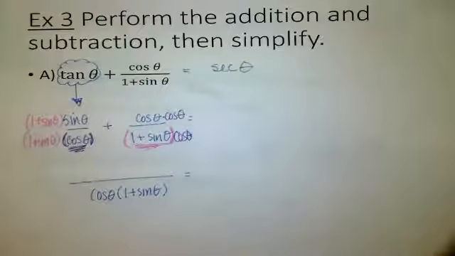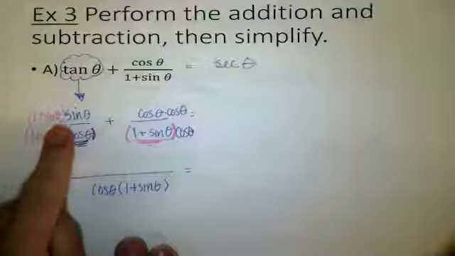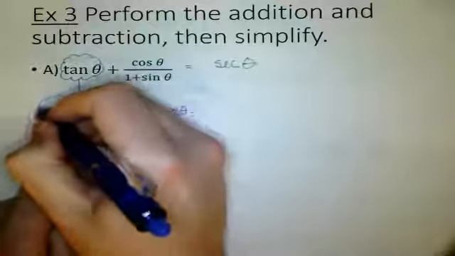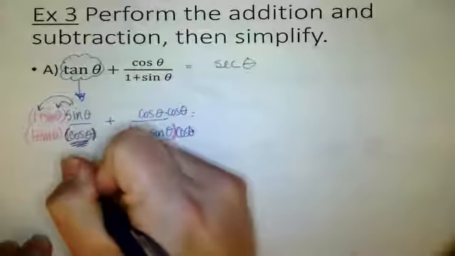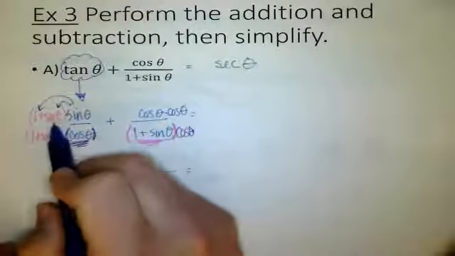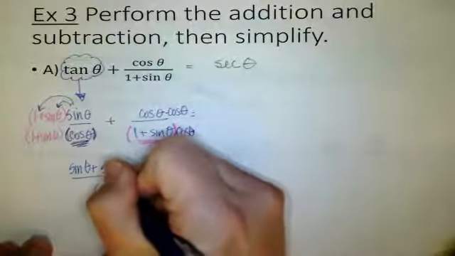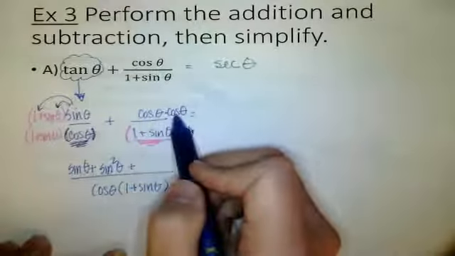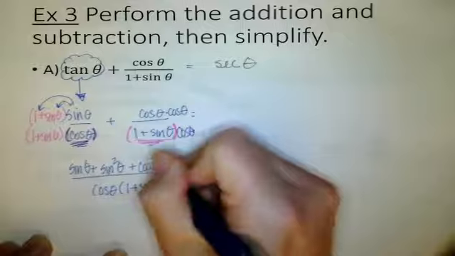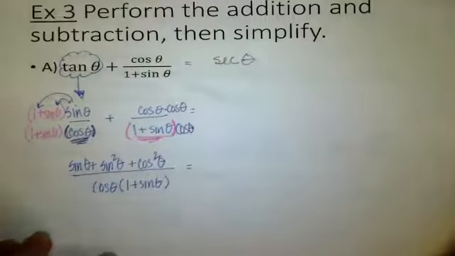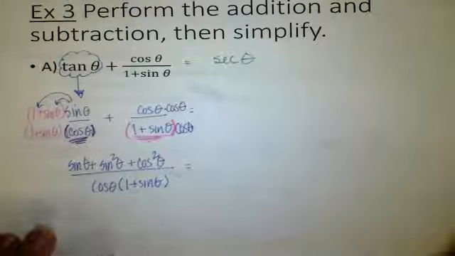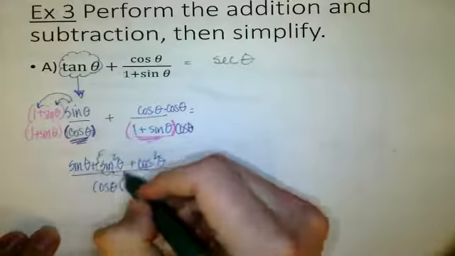The numerator is the tricky part. What do we need to do with this numerator? Distribute, multiply that together. 1 times sine of theta is sine theta. Sine times sine is sine squared theta. Plus cosine times cosine, cosine squared theta. All right, what do you see now? Pythagorean identity.